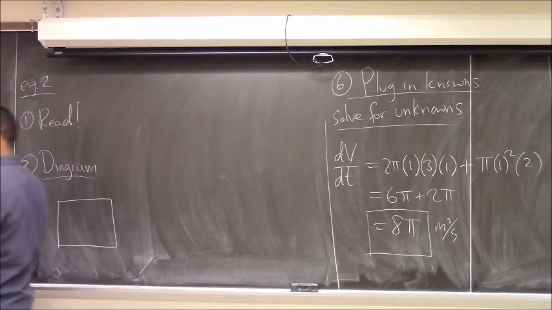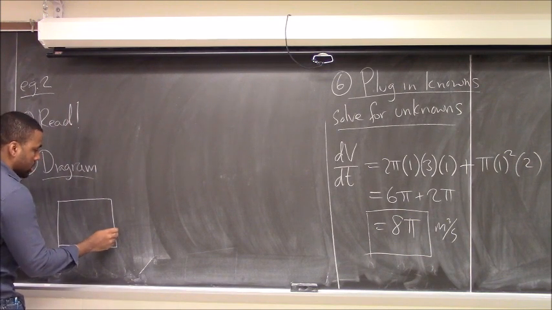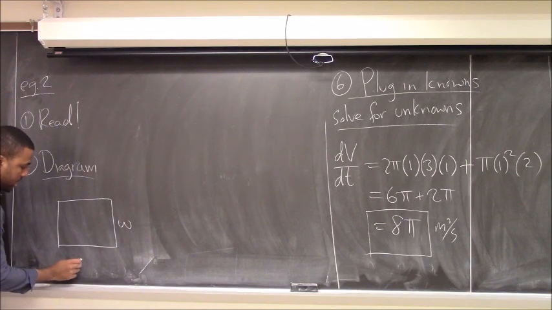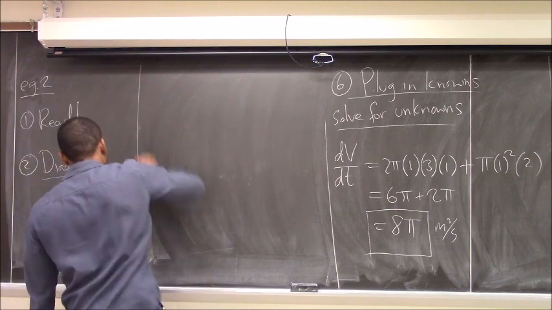So what do we want to call this length and width? L and W? You can call it whatever now. So let's call this W. Let's call that L. Right, so there's my diagram. I know that my length and width are changing, so that's kind of the picture I have in my head.